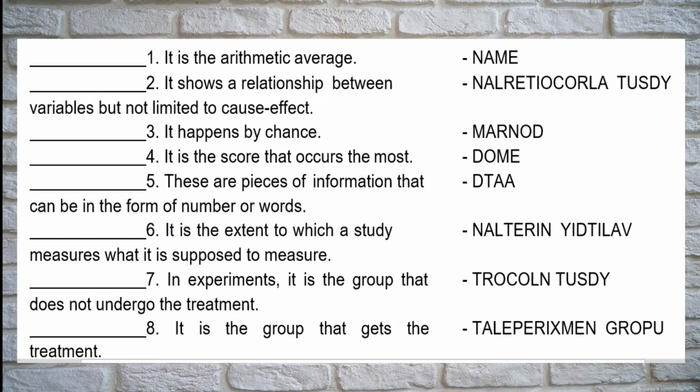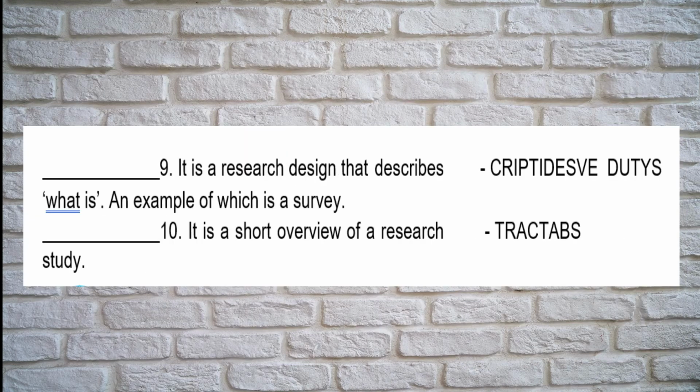Number 7. In experiments, it is the group that does not undergo the treatment. Alright, control study. Number 8. It is the group that gets the treatment. It is experimental group.